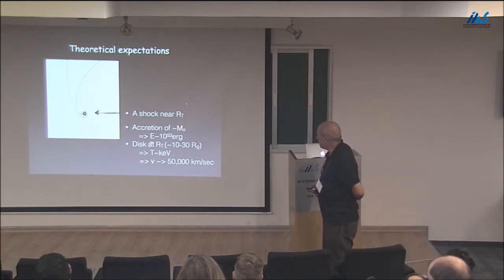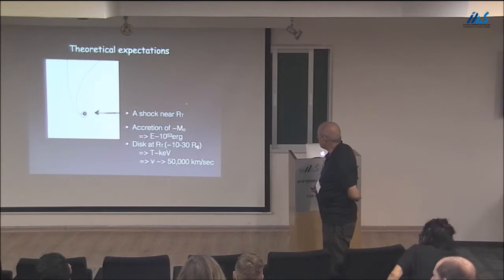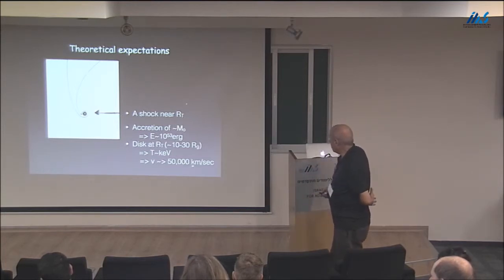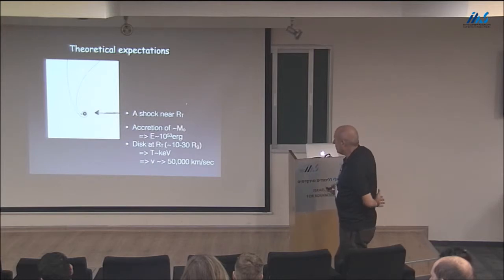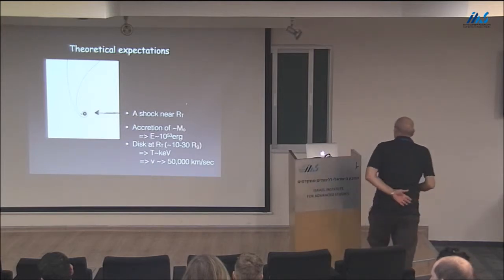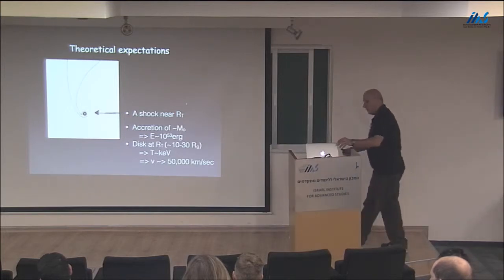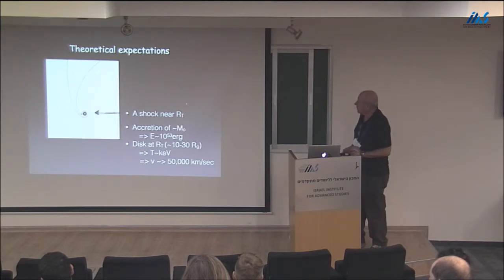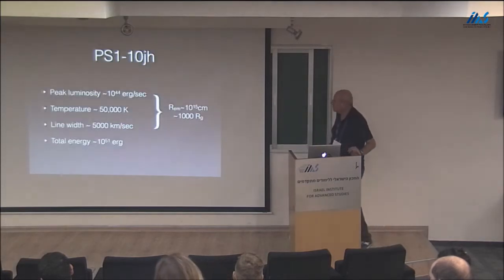And if the disk is around RT, which is 10 to 30 gravitational radii, then the typical temperature should be in keV, so it should be in X-ray. And the velocities should be around 50,000 kilometers per second or larger, the typical velocities involved with such a small accretion disk. So this is the expectation.